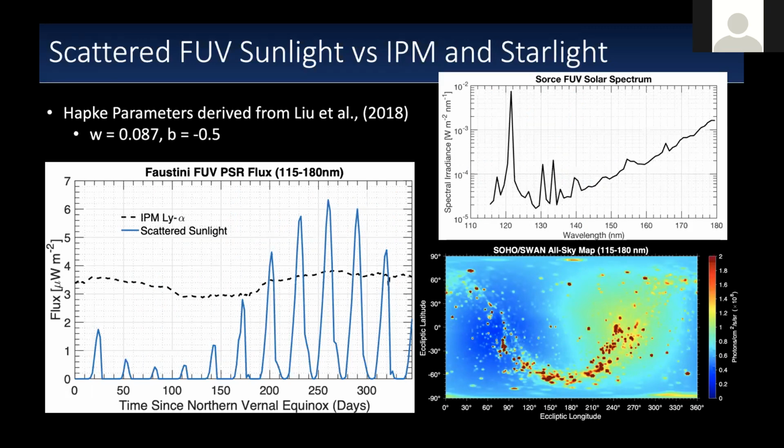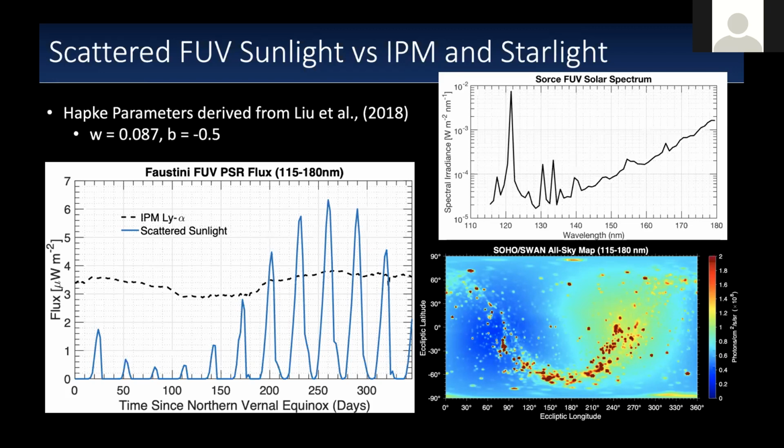They have to filter their data in such a way as to minimize the amount of scattered flux that they see, because without an accurate model of how much scattered sunlight is there, they won't be able to map the concentration of ice that's present. So one thing we're interested in is understanding the relative amount of scattered sunlight in comparison to the interplanetary medium and bright UV stars.